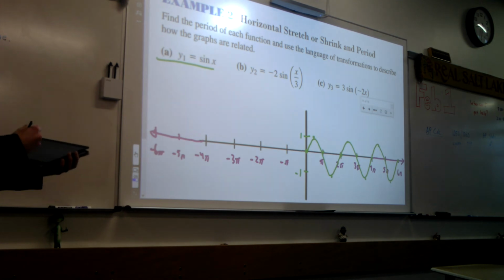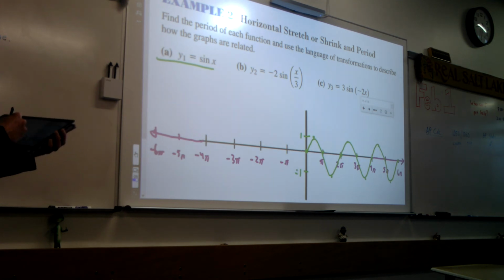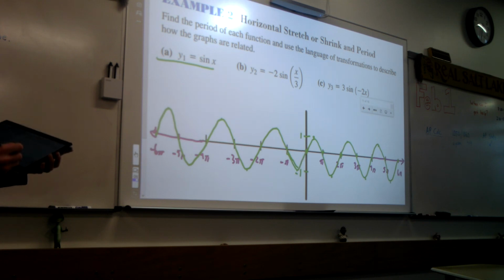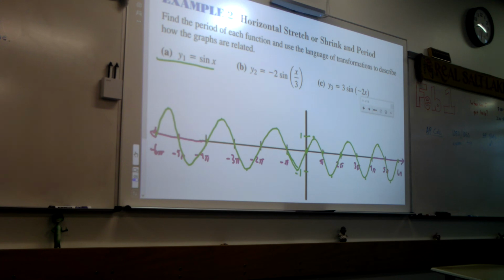And if I wanted to go backwards, we could do that here as well. Now, I'm only drawing that just so we can have an idea of what it looks like compared to the original.